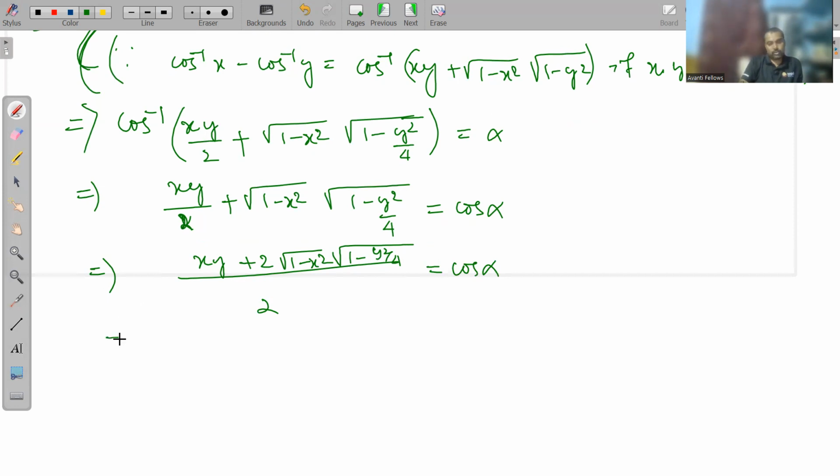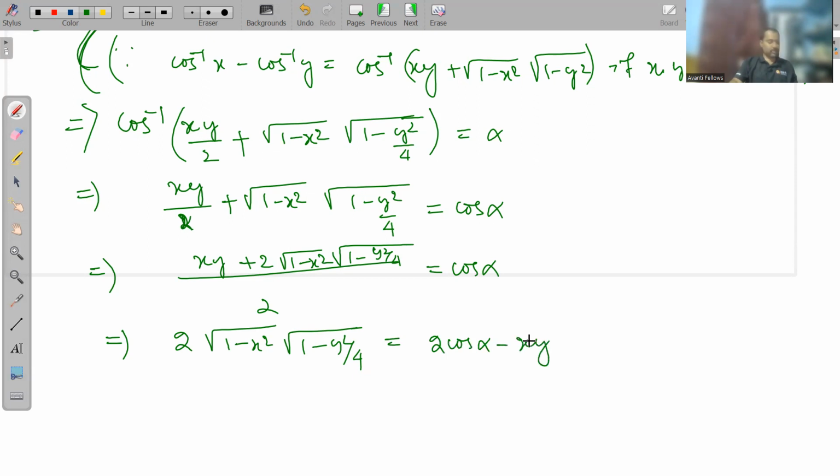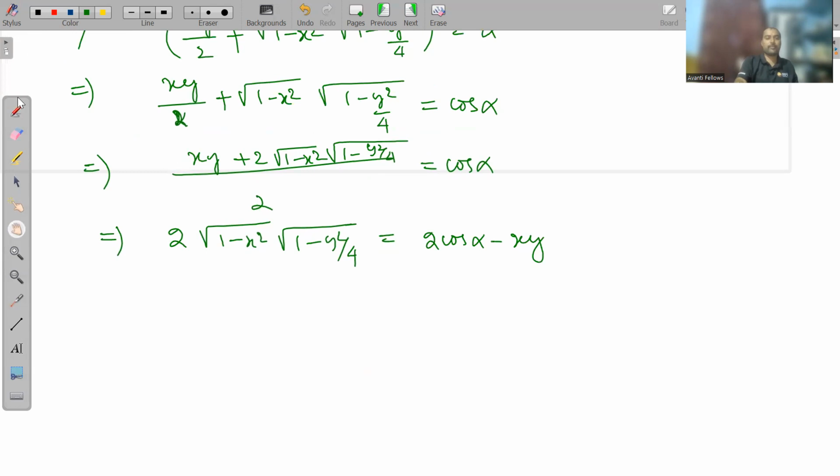Okay, so this becomes now 2 cos alpha. If we write this as 2 into root of 1 minus x square into root of 1 minus y square by 4 equal to 2 cos alpha minus xy. This becomes 2 cos alpha minus xy. Now, if we further simplify it, we'll square on both sides.